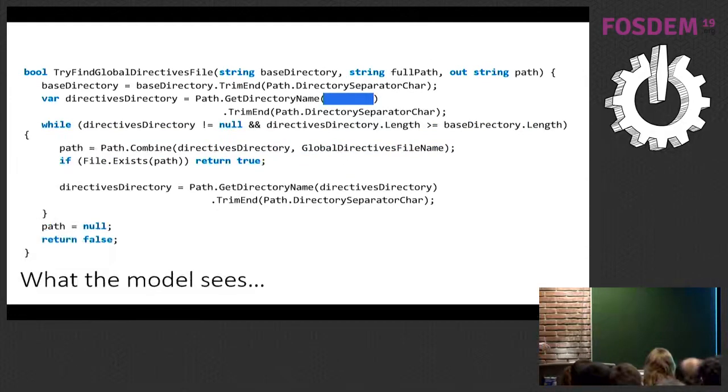So we've blanked out this variable, and now the question is, from the variables that are in scope and type correct, which ones should we use? So here there are three string variables: base directory, full path, and path. Now, I won't ask you, because it's fairly early morning, to think about this. If you think about it, it's not too hard.